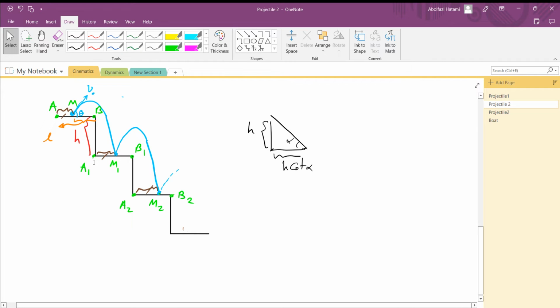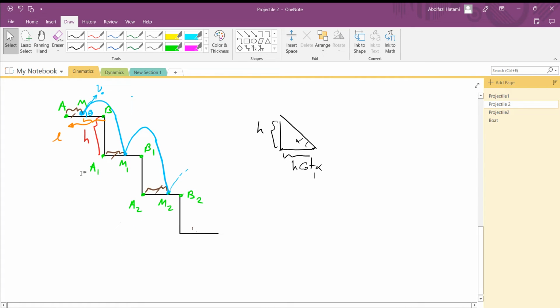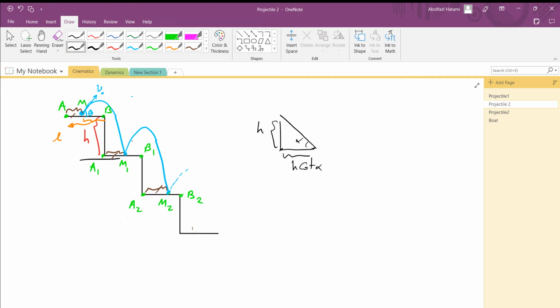So if A1M1 is equal to AM, what is the length that the ball passes in the x direction? What is this length from here to here?